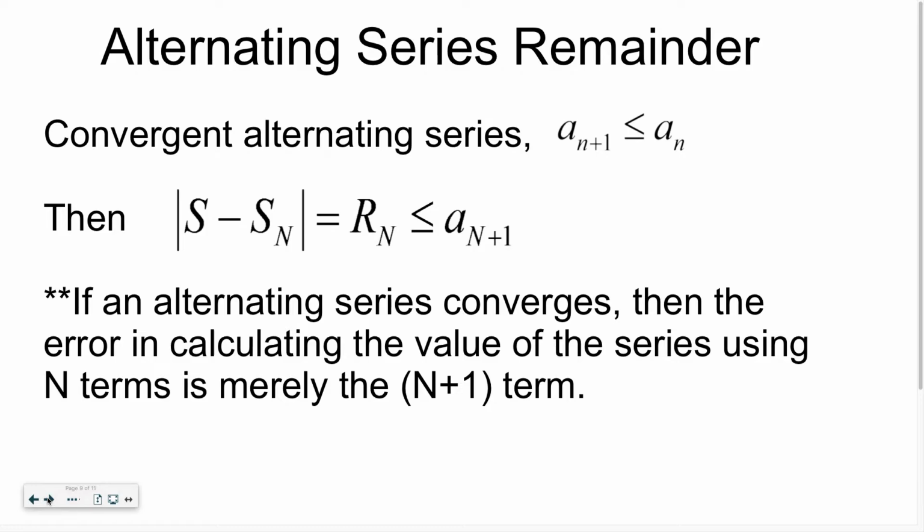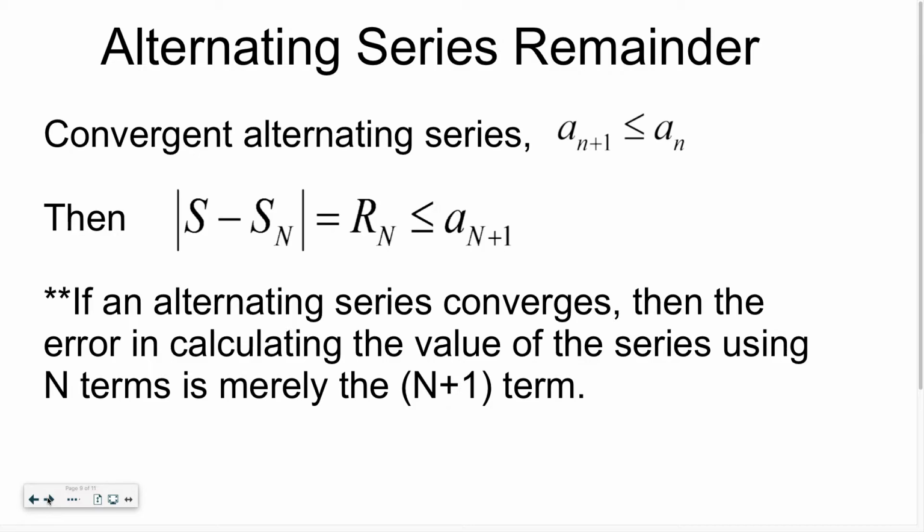Okay, so this is what this is saying. The actual infinite sum, if we take the difference of that and the nth partial sum, then it's going to be, they call it remainder n, but that remainder is going to be less than or equal to the n plus 1 term.